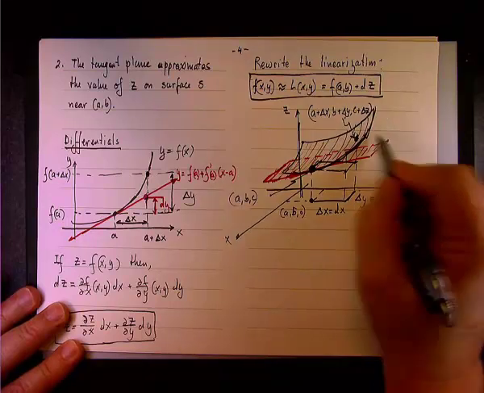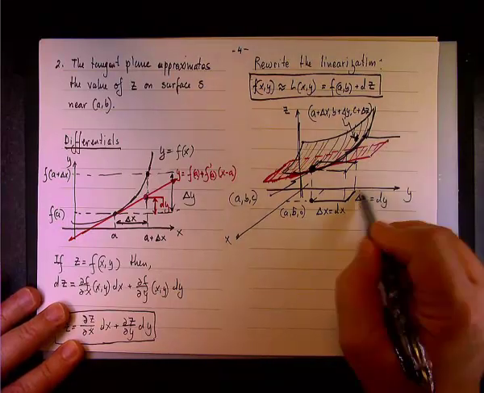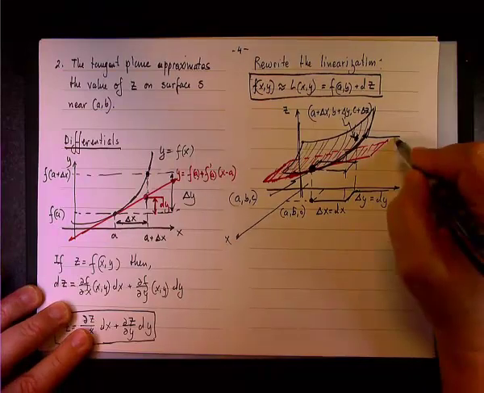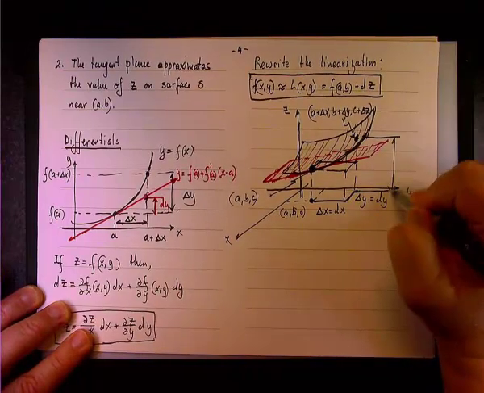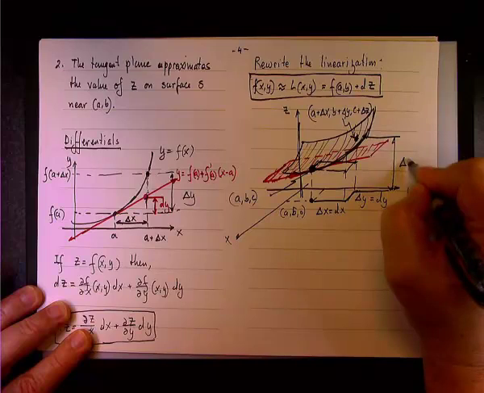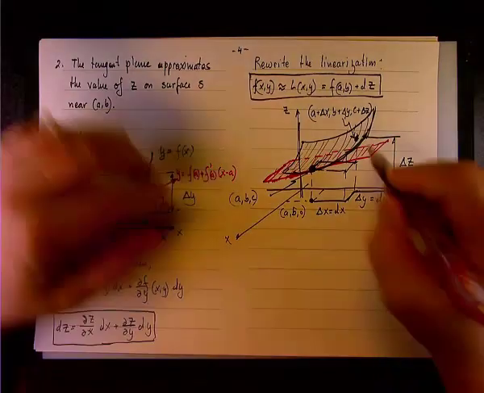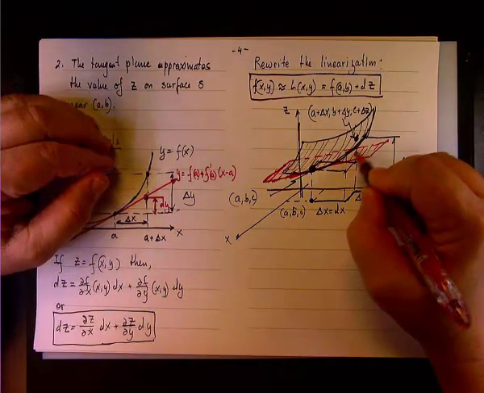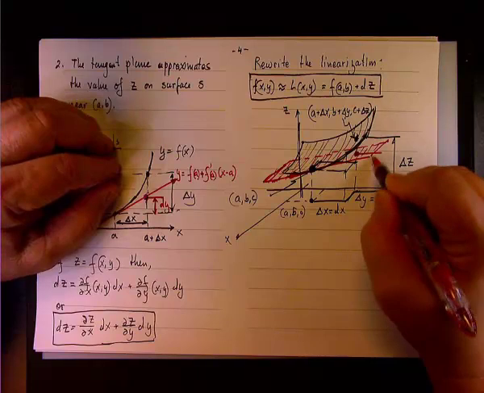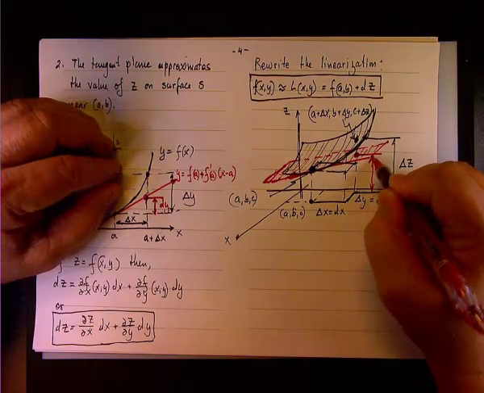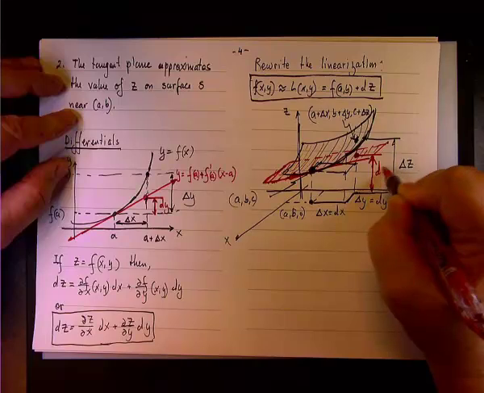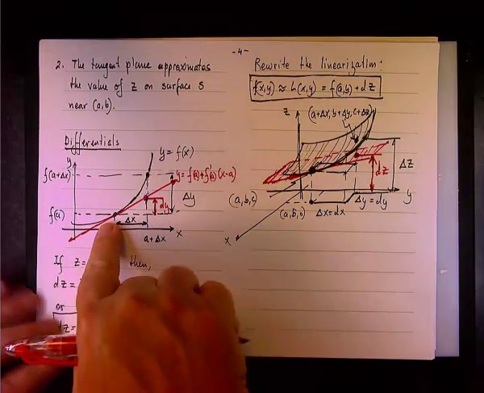Okay? So, the difference between the height of this point and the height of the original point will be delta z. Okay? dz will be, you see, this is the projection. dz will be this much.